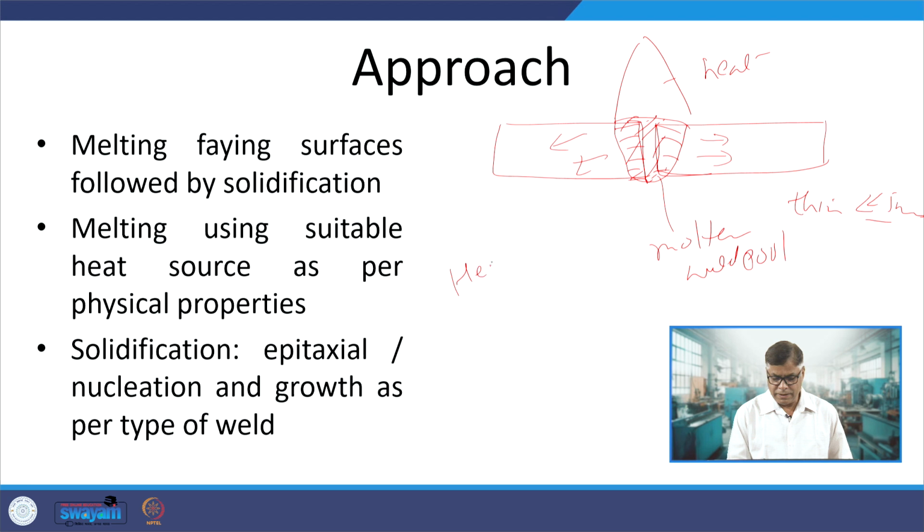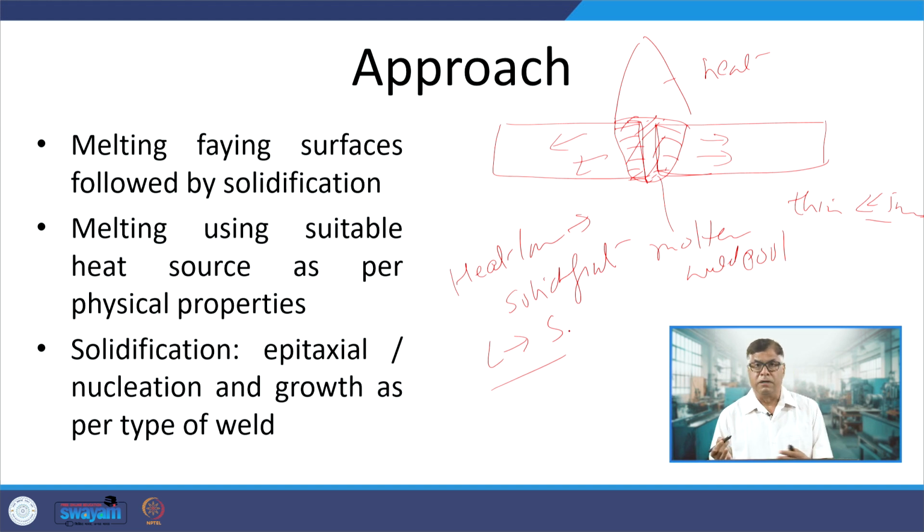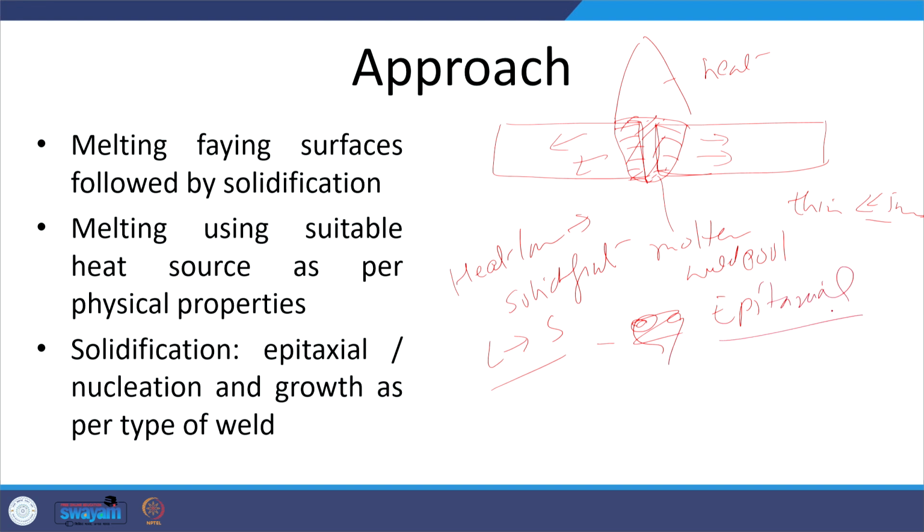As the heat loss takes place, it leads to solidification, the transformation of phase from liquid to solid. Depending upon the composition of the weld metal, it can be epitaxial type of solidification where direct growth takes place, or it can be normal solidification where nucleation takes place first and then growth, completing the transformation from liquid to solid state.